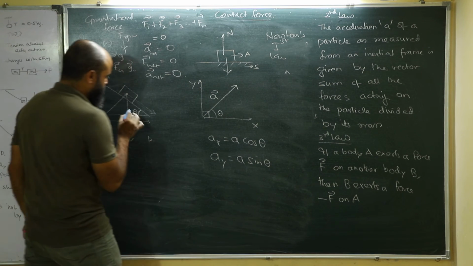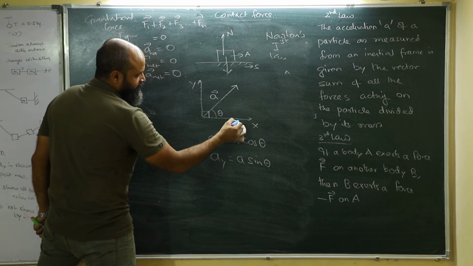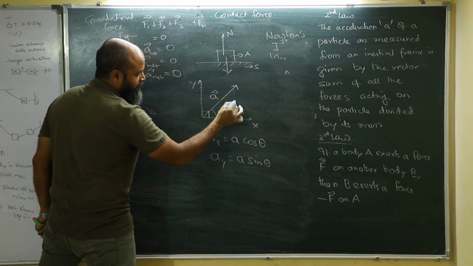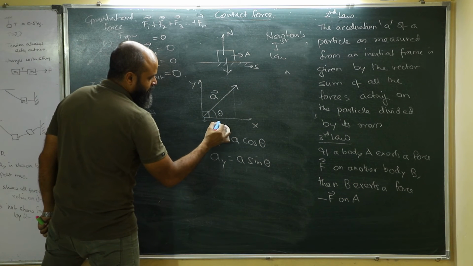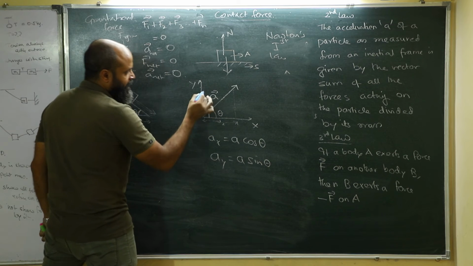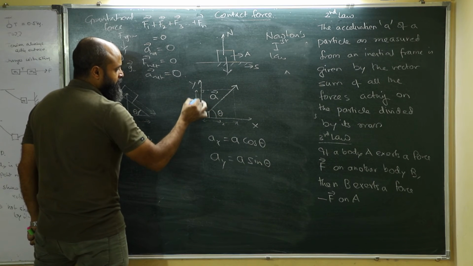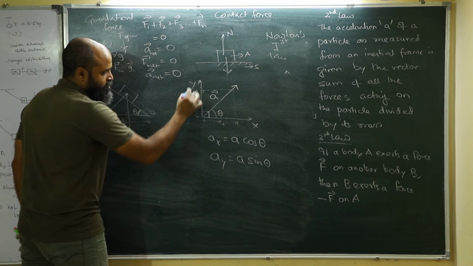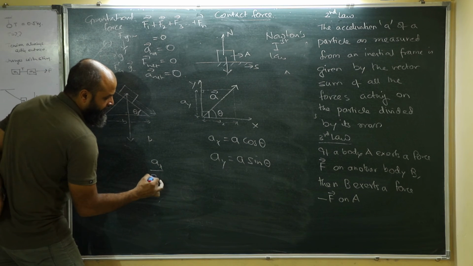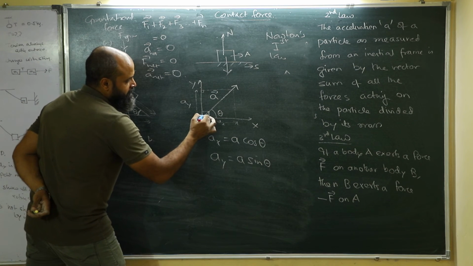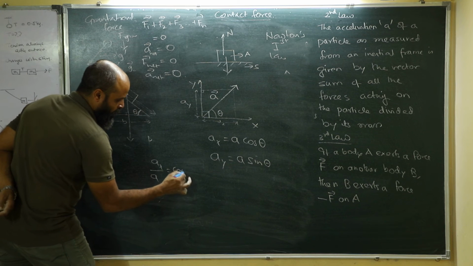And how is it coming this way? We have just shown you that if we drop a perpendicular here, this becomes your Ax, and if I drop a perpendicular here, as we have an x and y axis, this is going to become your Ay. So Ax upon the hypotenuse will be equal to cos theta.